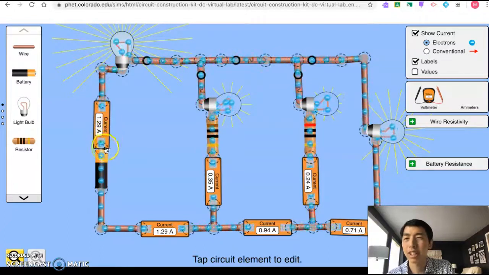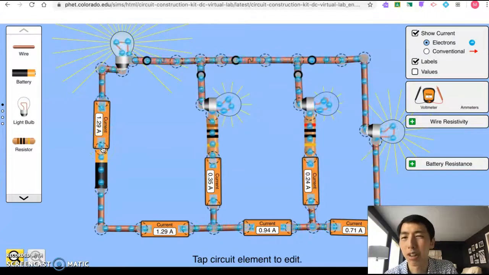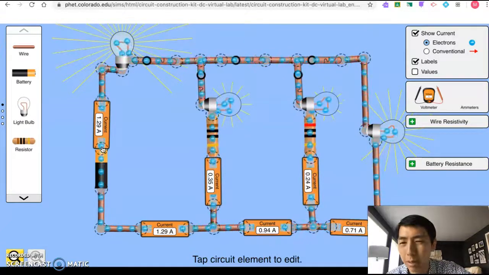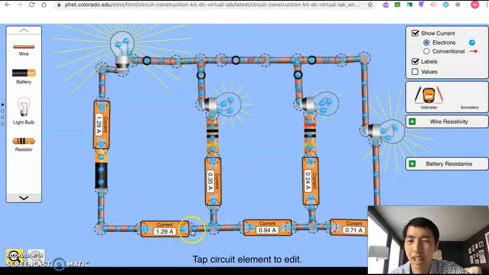So remember, that means that on average, 1.29 of these blue dots, these coulombs, are passing through per second. And that's actually going to be the same current starting here, going through this light bulb, through the battery, and through this ammeter down here. All of that, the charges are going at the same speed of 1.29 amps.